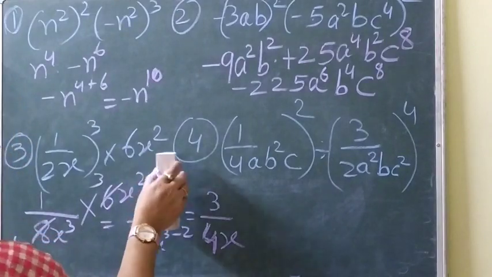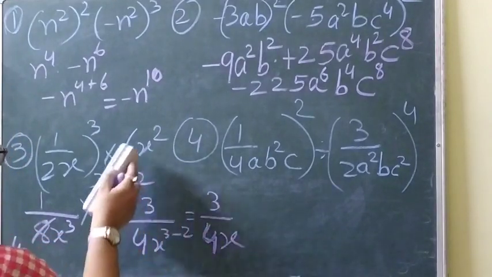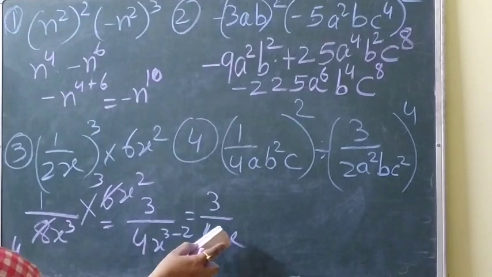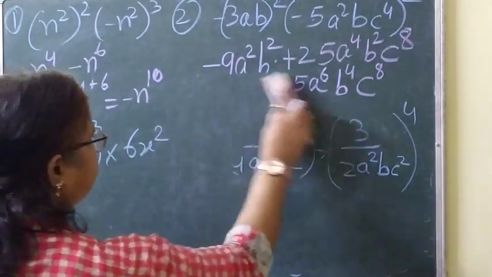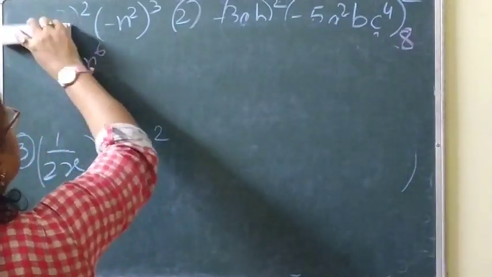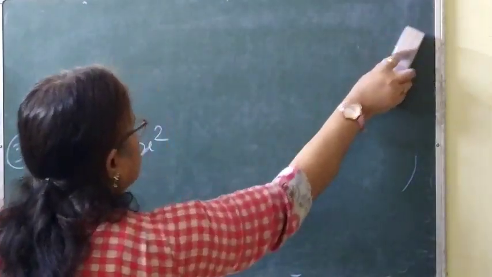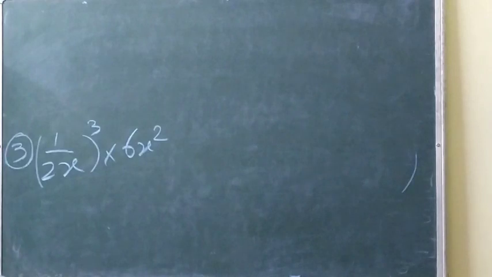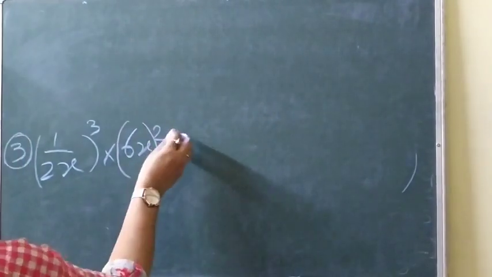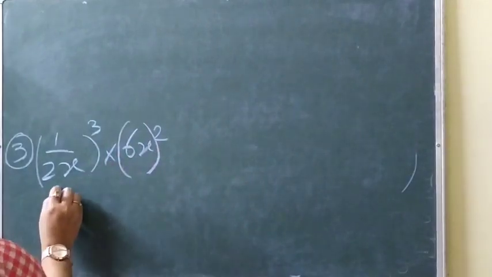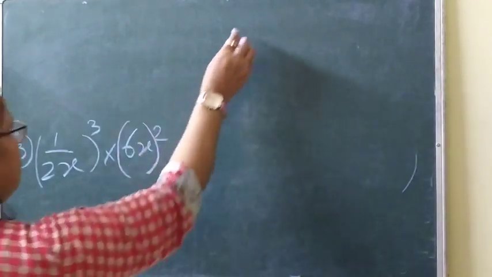Here I have changed the question. Okay. So according to this, this will be the answer. But if the question is like this, if the square of this is given, then how will we solve it?